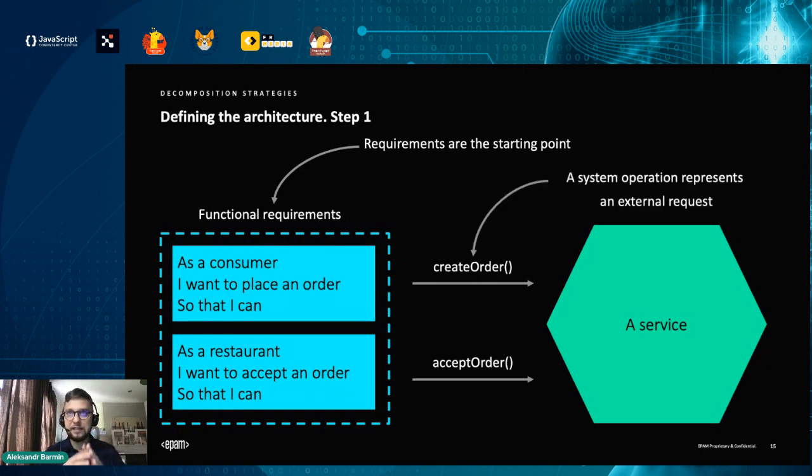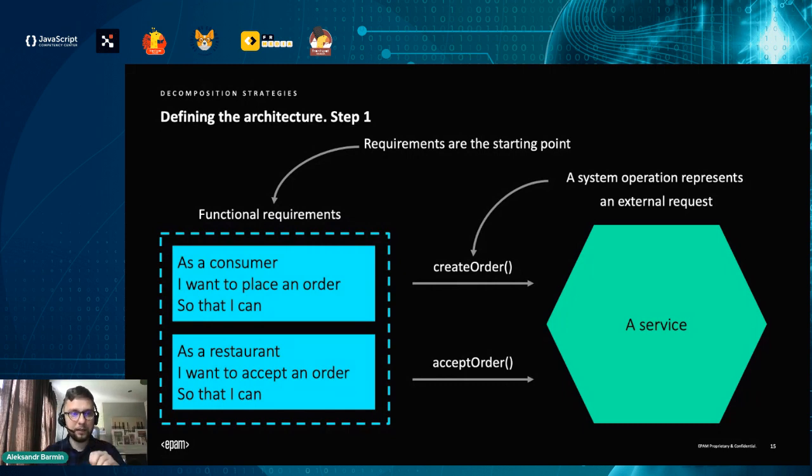As you may see, I defined two system operations which represent external requests to my service. Why is it important? Because your public API should be as concise as possible, so as not to be overloaded, and secondly, to have enough operations to perform your basic operations. So your starting point is your functional requirements.